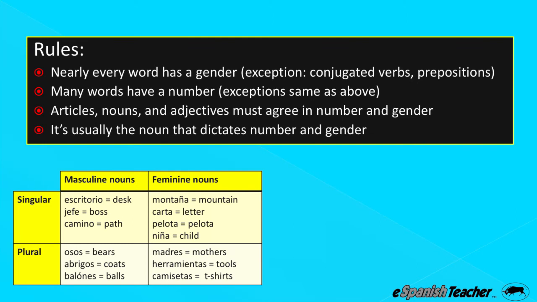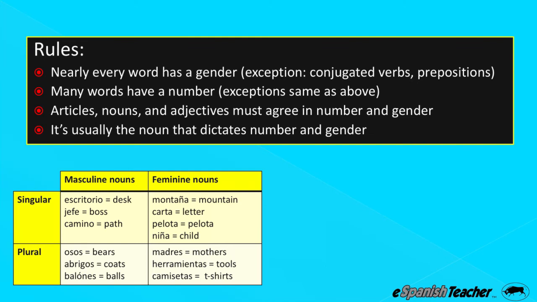And so generally speaking, it's the noun that is kind of the center of your conversation. And like rule number 4 above says, it's the noun that dictates the number and gender of the adjectives and the articles that you'll also be using alongside these nouns. Now, don't get confused.